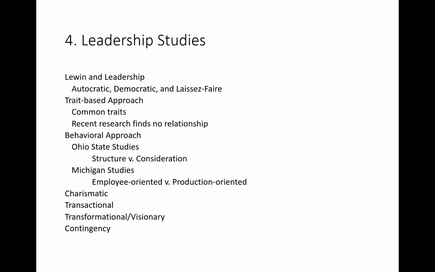The leadership literature traces most of its focus today back to the 1950s and what was known as the Ohio State studies. In the mid to late 1950s, Ohio State University was doing its leadership studies. Then a few years later, the University of Michigan started doing its own leadership studies, modeled after what Ohio State had done. The Ohio State studies created a dichotomy of leaders between focus on structure versus focus on consideration for employees.